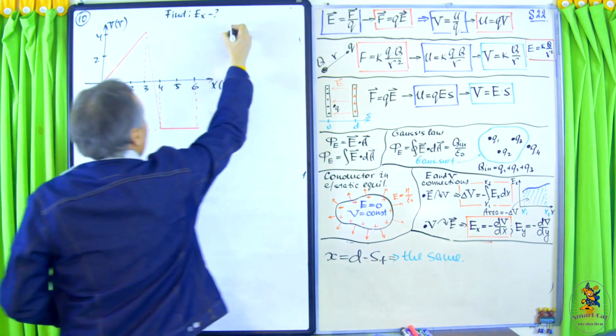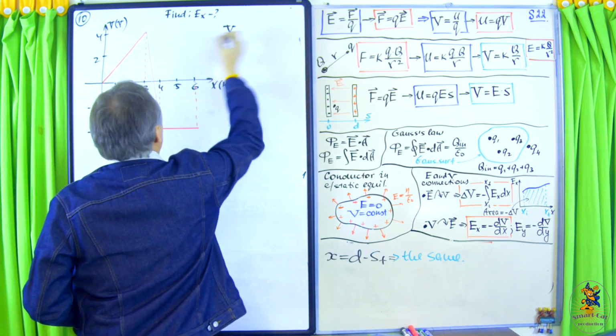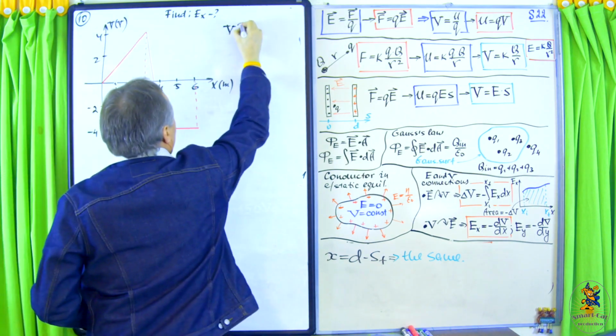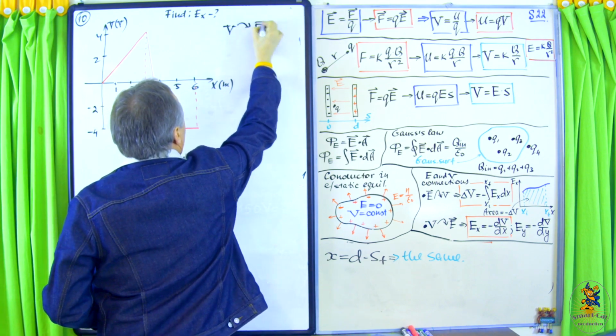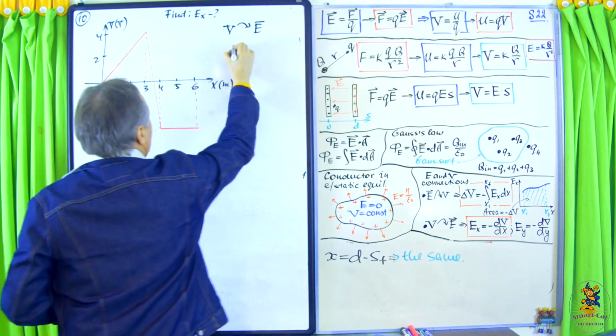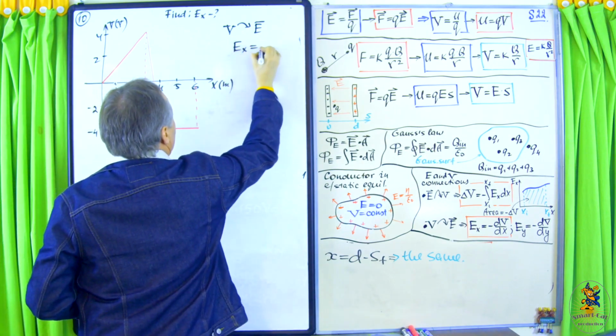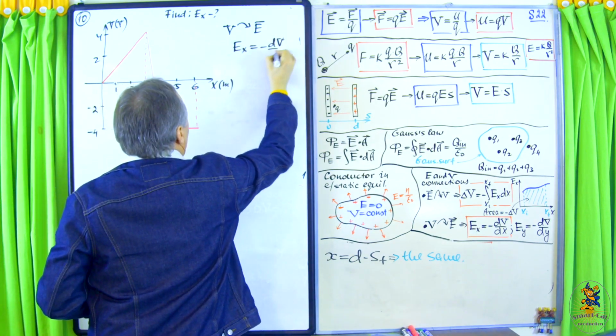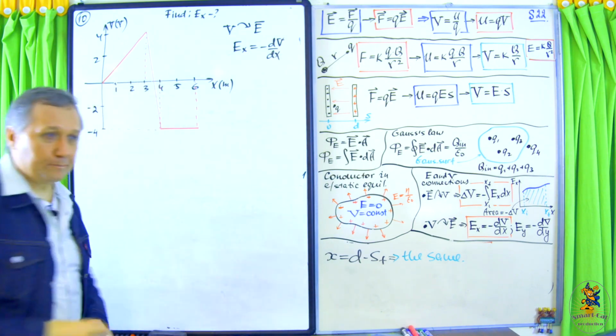So we need to move basically from V, because that's what we have, to the electric field. And of course, that's the bridge. So let me write that formula: Ex equals minus dV over dx.